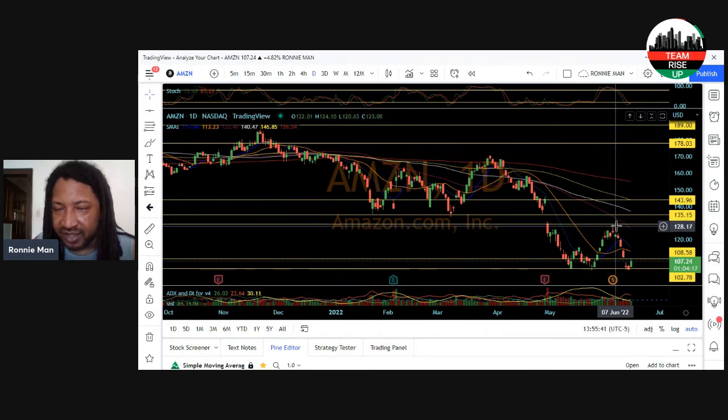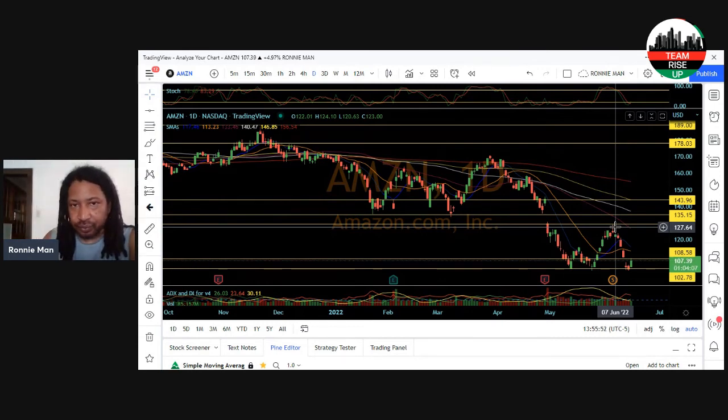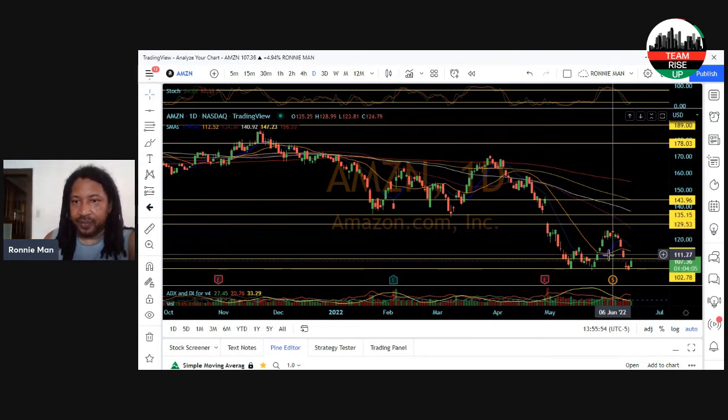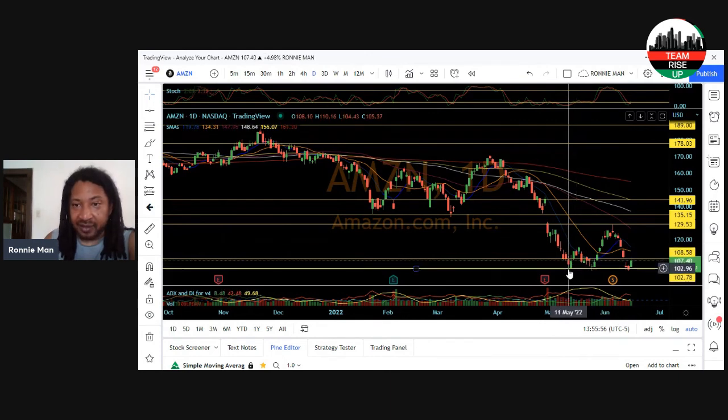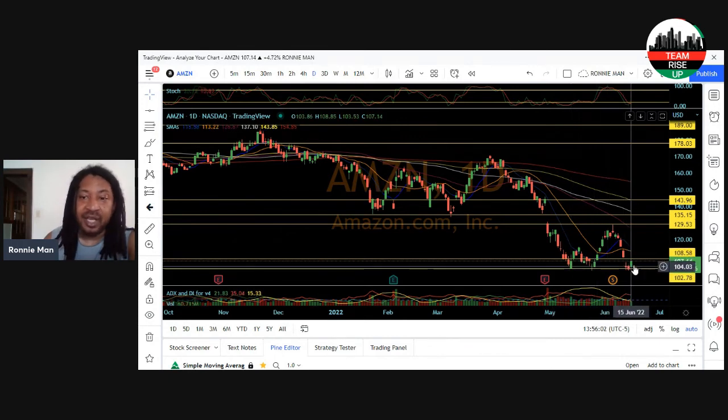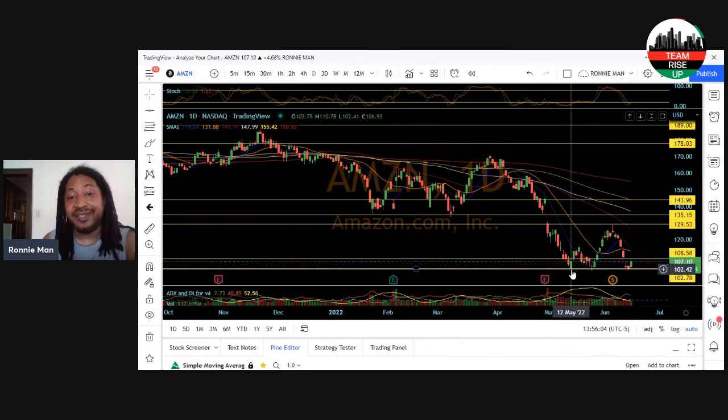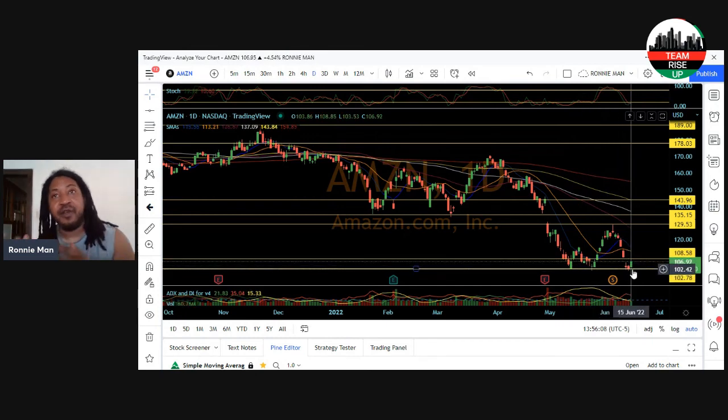Remember, resistance means what? Selling is taking place, right? This is where they like to sell. They love to buy right here. Why? Because they've done it 3 times. You can say this is a triple bottom, okay? Which is a very bullish pattern.